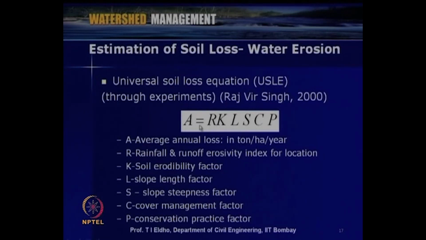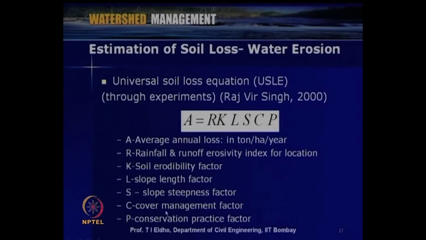But the basic equation is a relationship connecting the average annual loss with respect to R, which is the rainfall and runoff erosivity index for the geographical location which we consider, then K, soil erodibility factor, then L, slope length factor, S, slope steepness factor, C, cover management factor, and P, conservation practice factor.